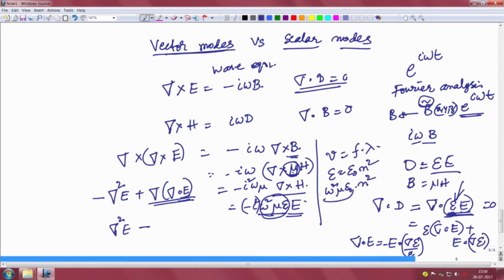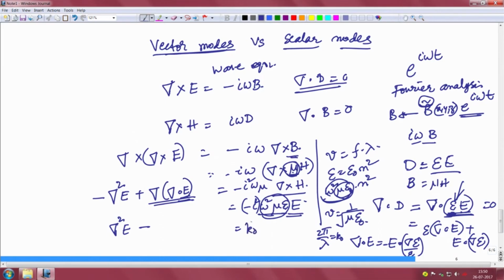This entire thing could be replaced with k 0 square, where the velocity is 1 by root of mu epsilon 0, and this is equivalent to 2 pi by lambda, that is, k 0.